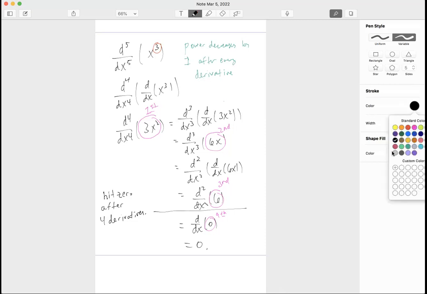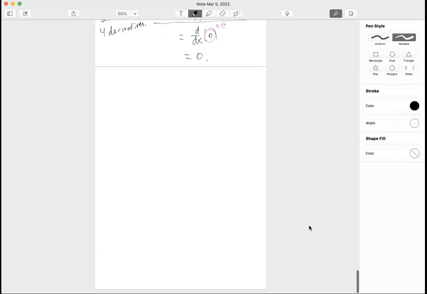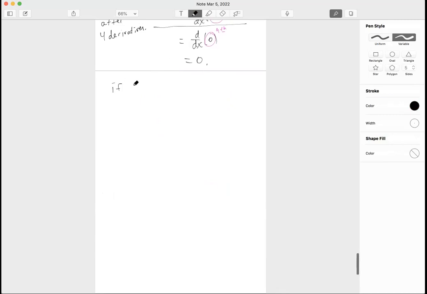So we can make a claim, which is not too hard to see, that if a polynomial has degree n, so that means n is the highest power of x, then taking one more derivative than the degree will always give you 0.